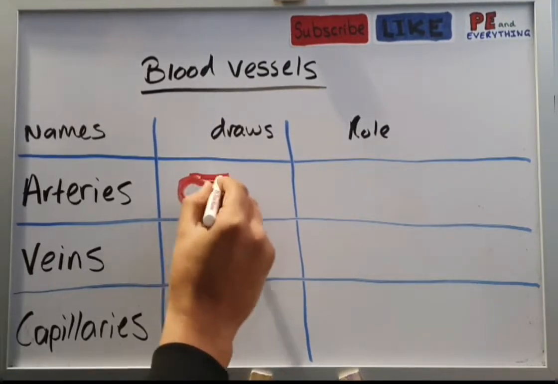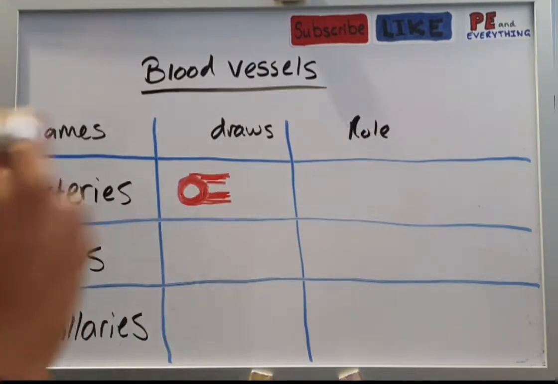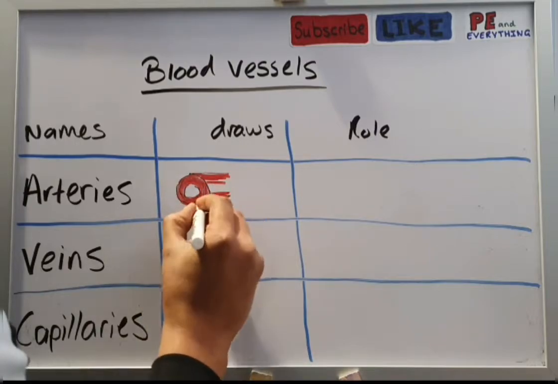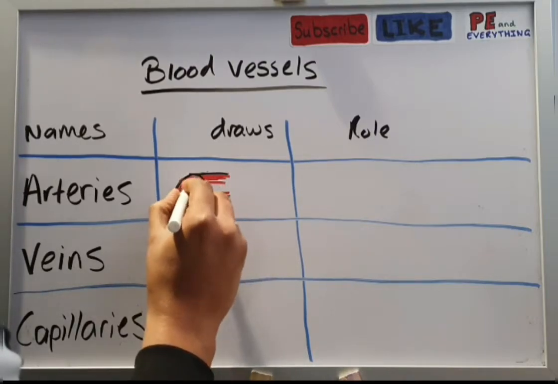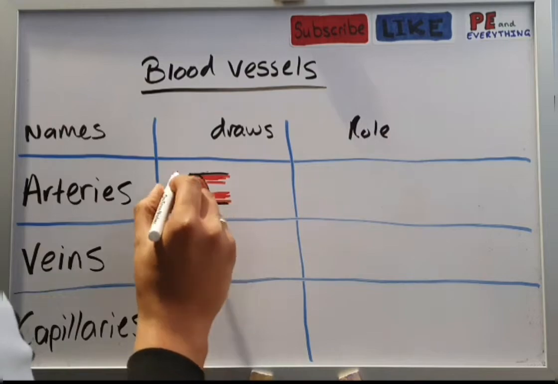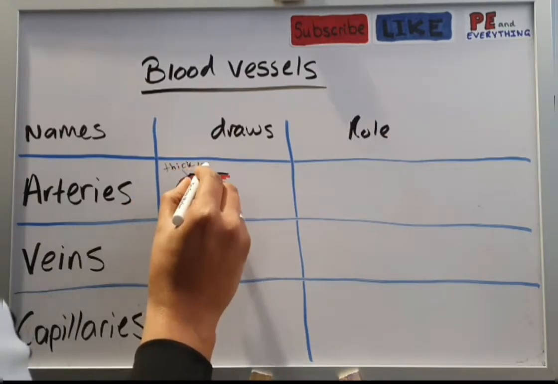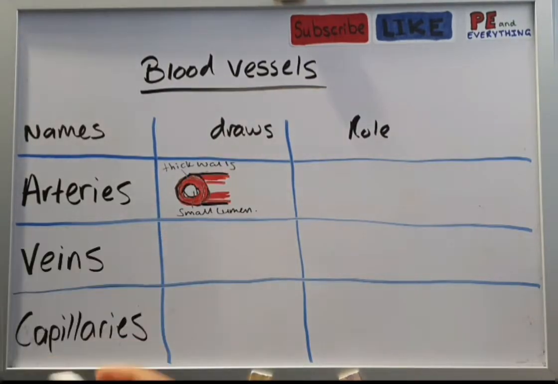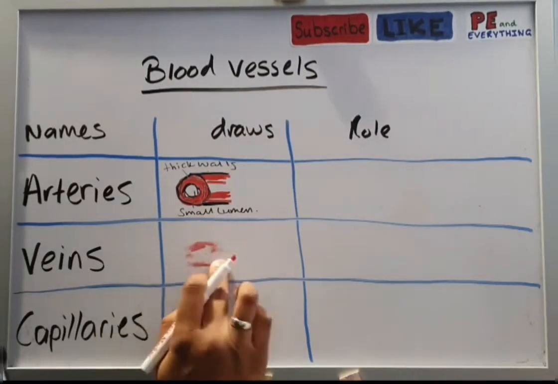They've got a thick wall and a small lumen, so as I write on the diagram here, thick walls, small lumen. The lumen is the central tube in the middle, the hollow piece.